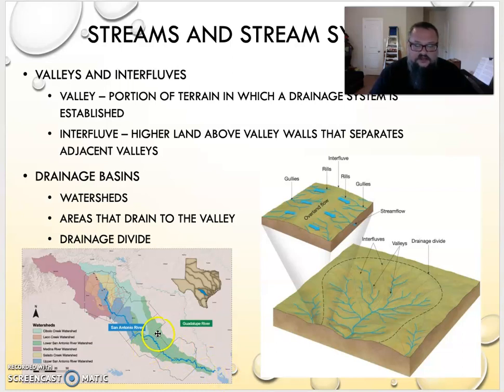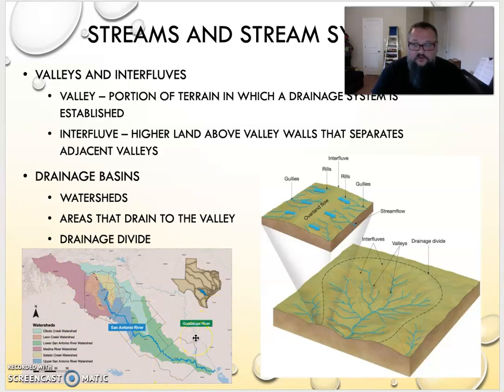So you see that there are lots and lots of smaller watersheds, like the Medina River, the Leon Creek watershed, the Cibolo Creek watershed. What other ones do we have? The Salado Creek watershed. So there are lots of little watersheds that are embedded within bigger watersheds, and the San Antonio River watershed is in the Guadalupe River watershed.